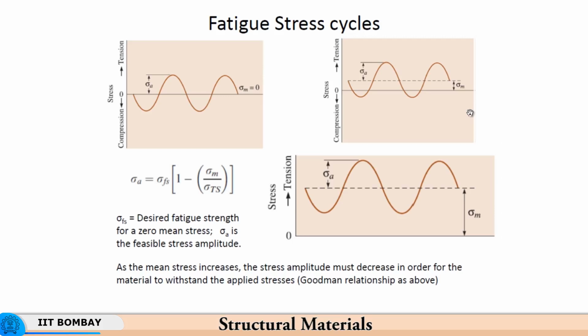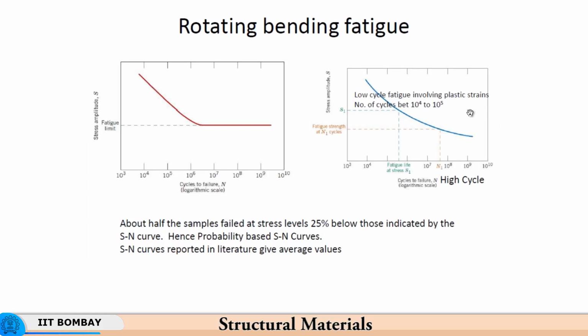So, as the mean stress increases, the stress amplitude must decrease in order for the material to withstand the applied stresses. So, this is called the Goodman relationship. As you increase this, sigma A continues to decrease. So, if you plot mean stress against the stress amplitude, you will get a line that decreases, that is called a Goodman line.